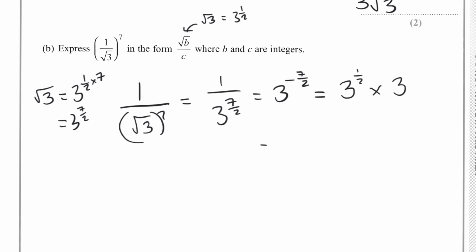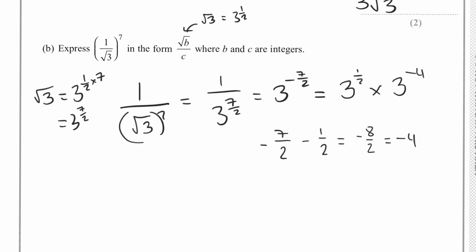So you do minus 7 over 2, take away a half. That would leave you with minus 8 over 2, which is minus 4. So we know that that could be minus 4.